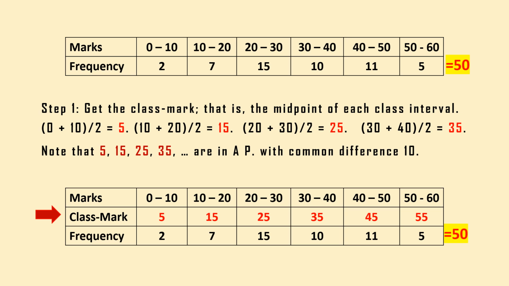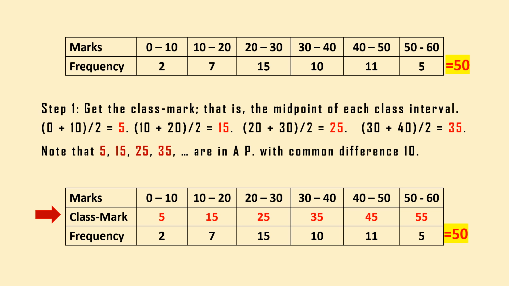Actually, you don't have to calculate for all the ranges. Once you know 5 and 15, the difference is 10, so the difference will always be 10: 5, 15, 25, 35, 45, 55.